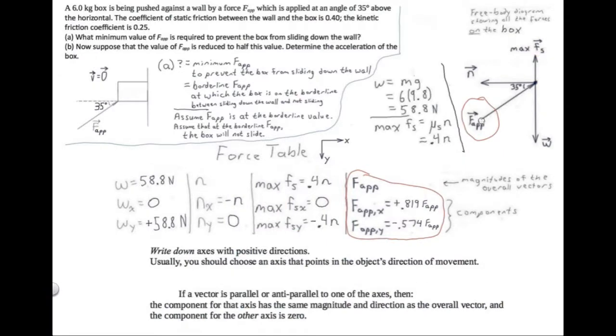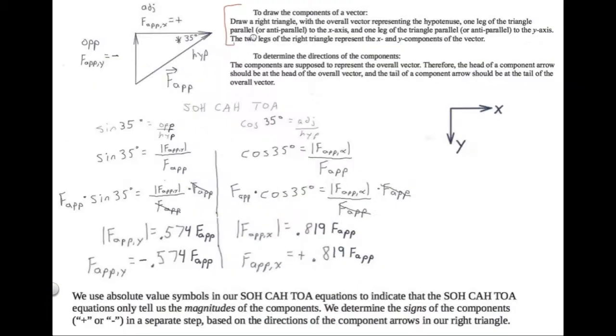To break the applied force into components, we have to use the SOHCAHTOA process. Draw the legs of your right triangle parallel to your axes. We're using the horizontal and vertical axes for this problem, so our right triangle should have horizontal and vertical legs, and then the overall vector represents the hypotenuse.